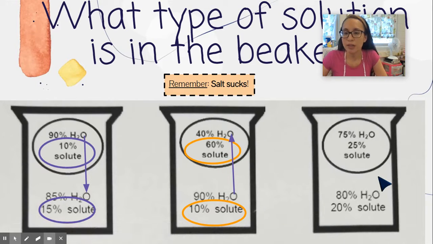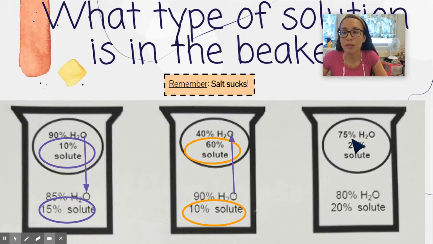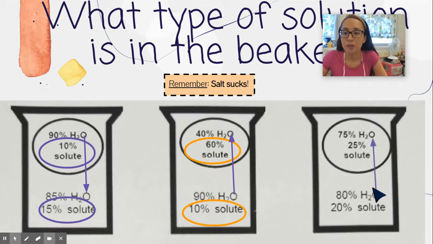So this third one, again, the same way you can look at the solute or you can look at the water. Let's start by looking at the water. We have 80% water outside versus 75% water inside the cell. So the higher concentration obviously is at 80. 80 is higher than 75. So from high to low, the water will move into the cell.